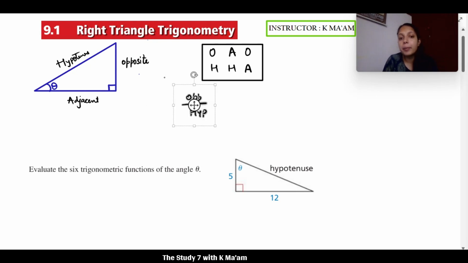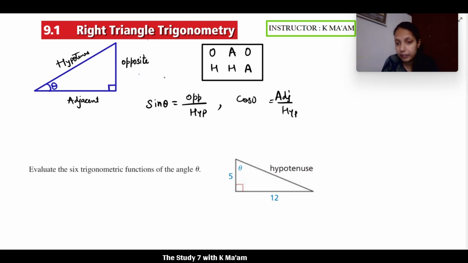Opposite over hypotenuse will give you sin theta. Next, A over H. Adjacent side over hypotenuse will give you cosine theta. O over A. Opposite side over adjacent side is tangent theta.